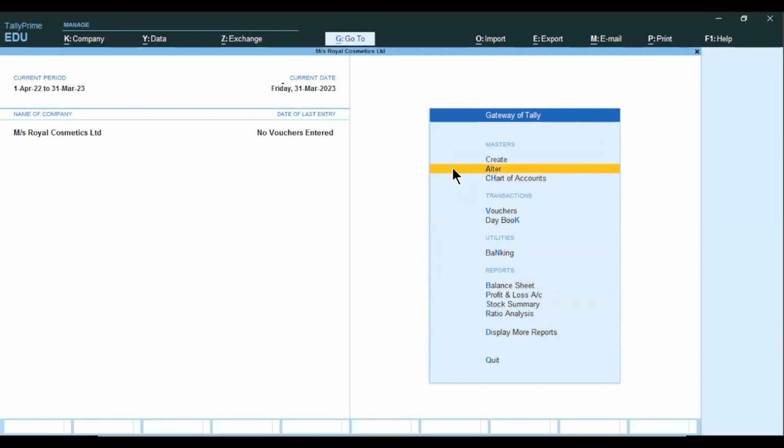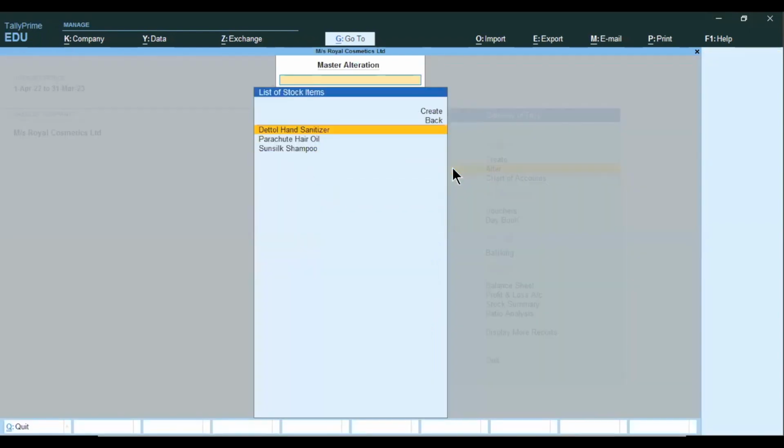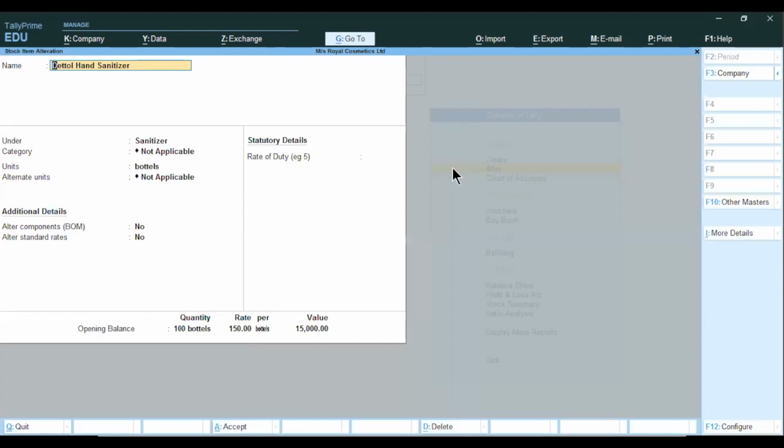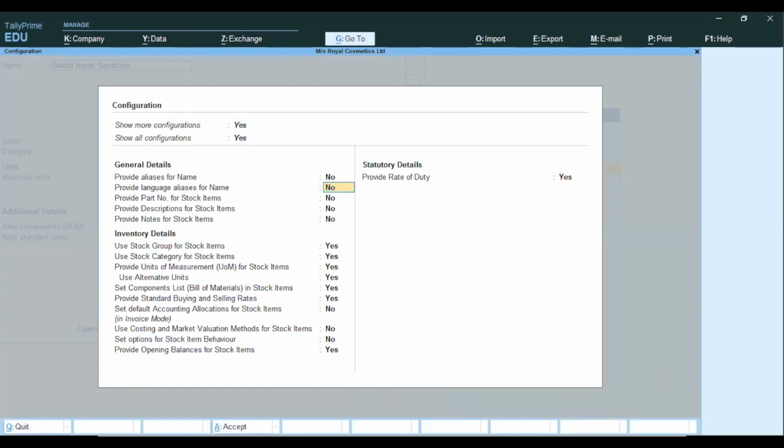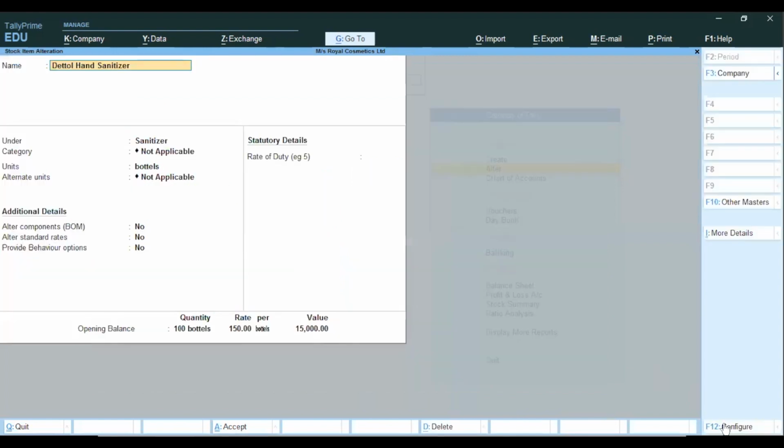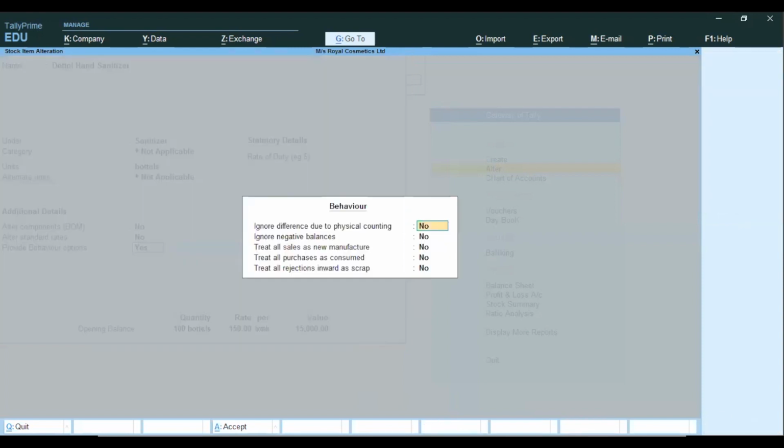Suppose I have the stock item Dettol hand sanitizer, and if I want to check the behavior, we have already seen different types of behavior options related to stock. For example, I'm enabling this behavior option to ignore the physical counting difference of the stock.